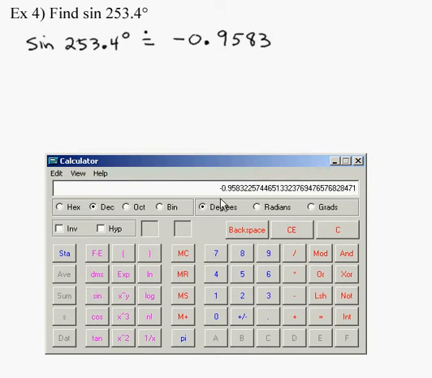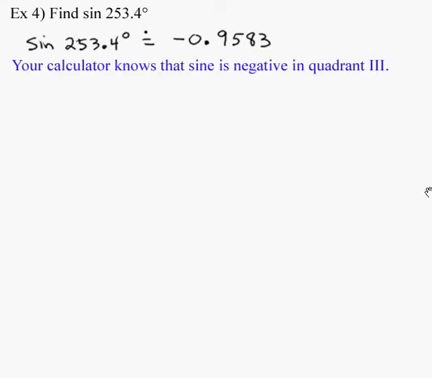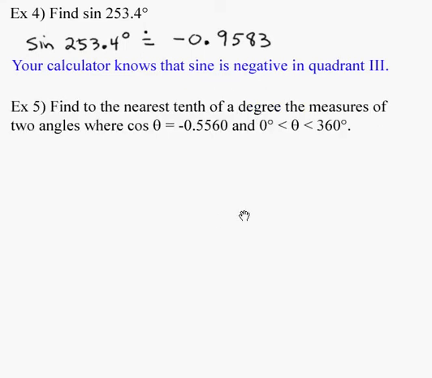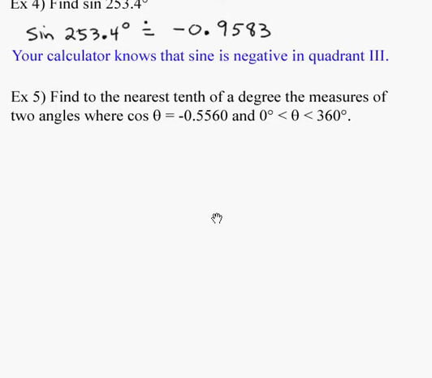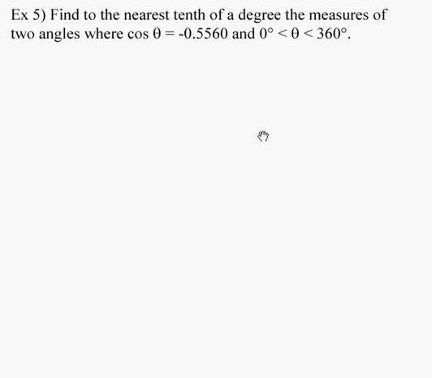We'll hit the sine button. We get negative 0.9583, and round that off to 4 places. And again, your calculator knows that this angle's in quadrant 3, and your calculator knows that sine is negative in quadrant 3. But you need to know what's positive and negative in what quadrant as well.